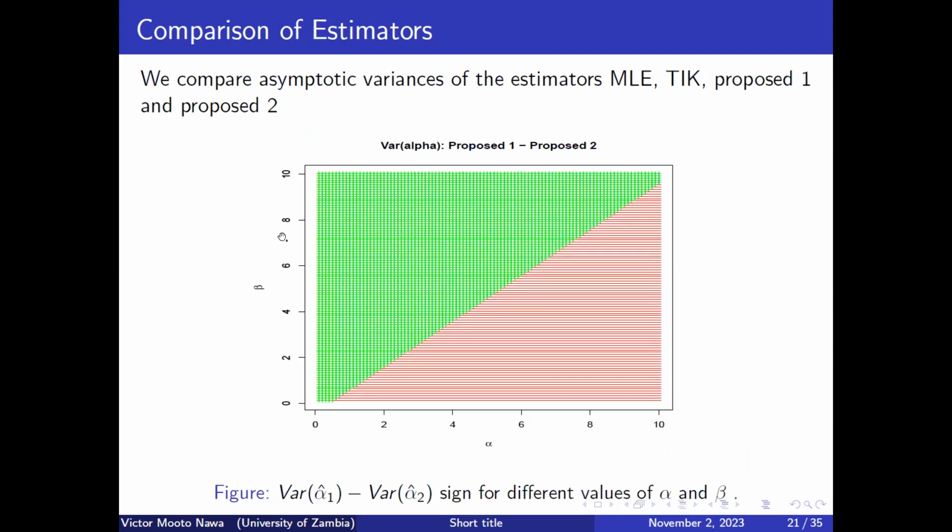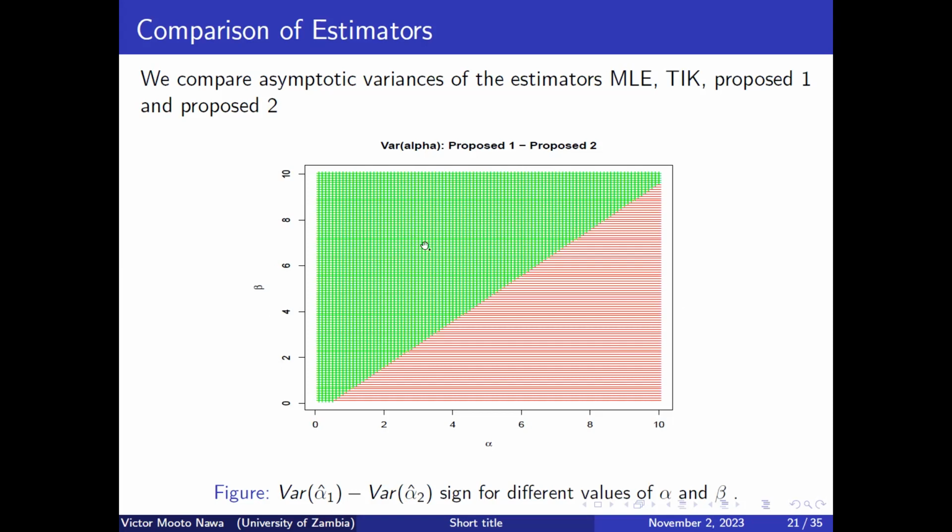What you are seeing in the first graph here is the variance of alpha, where we are comparing the two proposed estimators. So we get the variance of alpha hat 1 and the variance of alpha hat 2, then get their difference, and then look at the signs.